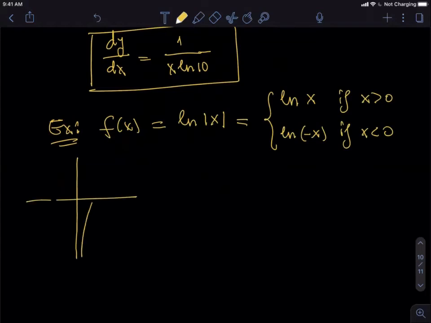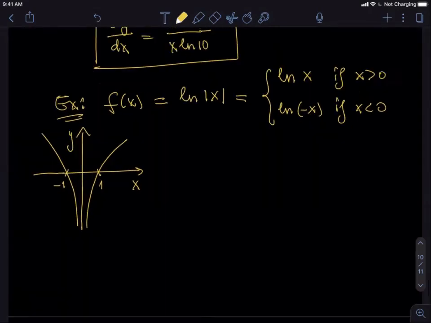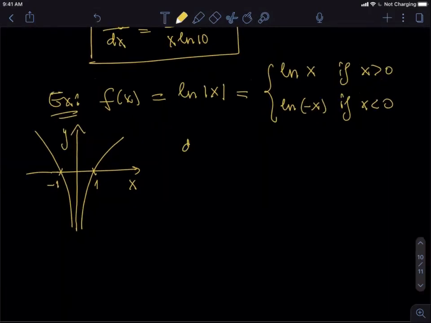So we have a function that looks like this. It's symmetric with respect to the y-axis, the vertical axis, and it cuts the x-axis at -1 and 1. In this case we can just go ahead and do the derivative.